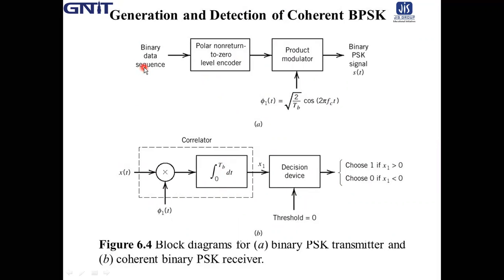To generate a binary PSK signal, we represent the input binary sequence in polar form, with 1 and 0 represented by constant amplitude levels of plus root Eb and minus root Eb respectively.